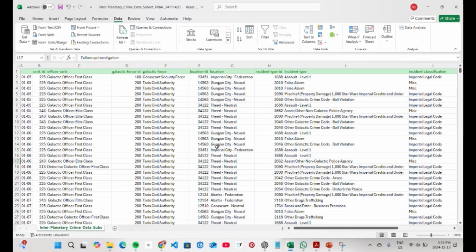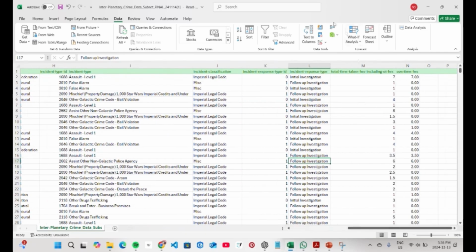Additionally, we encountered this column here, the incident response type ID and incident response type. Initially, this column had very little of its binary coded data in it, and we had lots of blanks. Again, this was one certain condition of blank which could not be replaced with a 0, because 0 means something here.